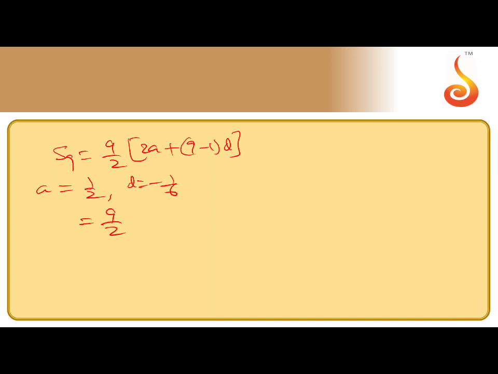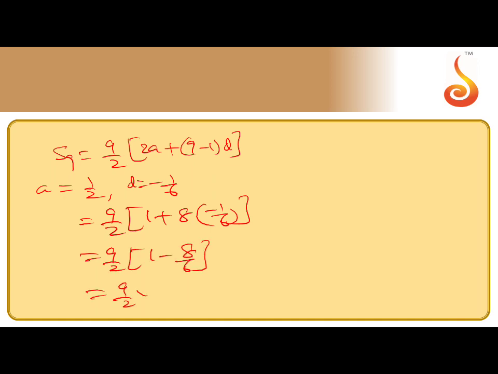Substitute here: 9 by 2, so 2 into 1 by 2 is 1. 9 minus 1 is 8, into minus 1 by 6. This value is 9 by 2 into (1 minus 8 by 6). So 9 by 2 into, after LCM 6, 6 minus 8 is minus 2, minus 2 by 6. So cancel. And this gives minus 9 by 6, which is minus 3 by 2, the answer.